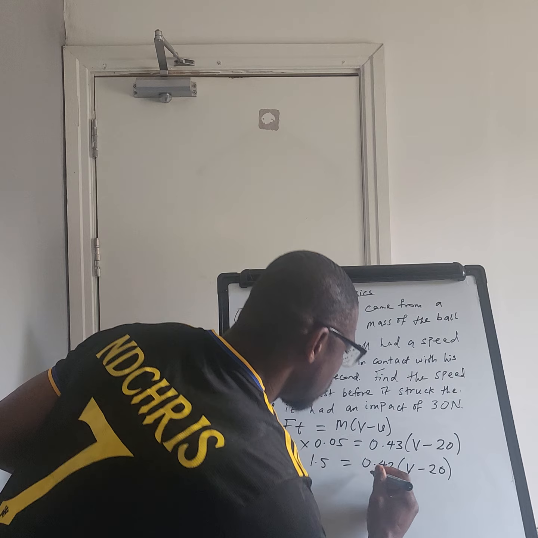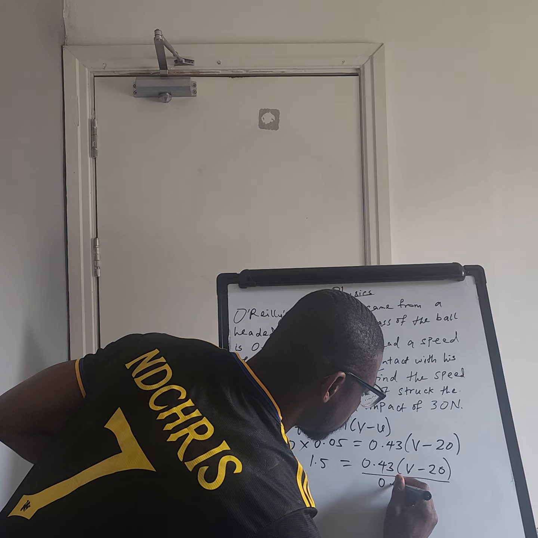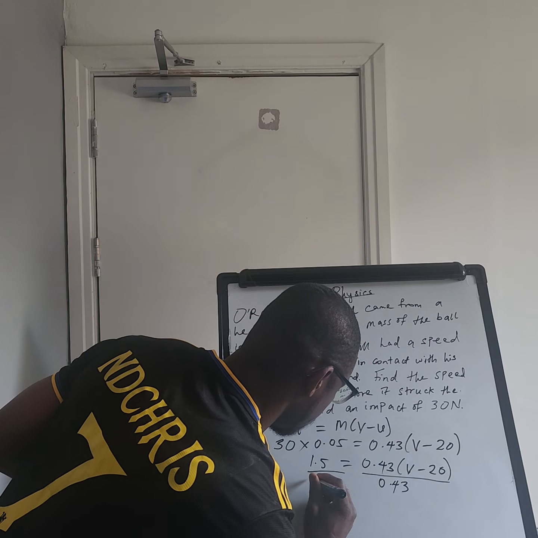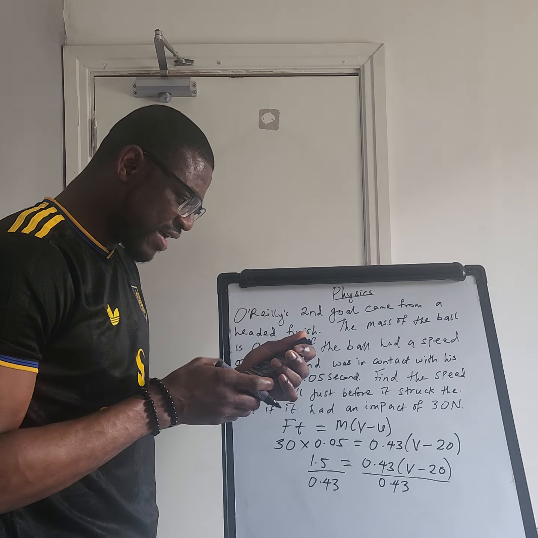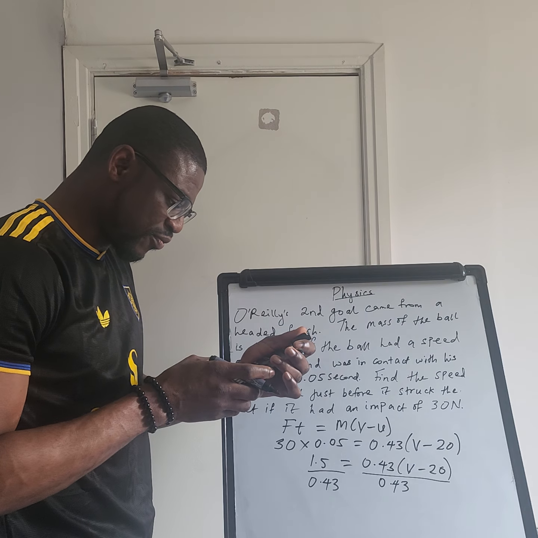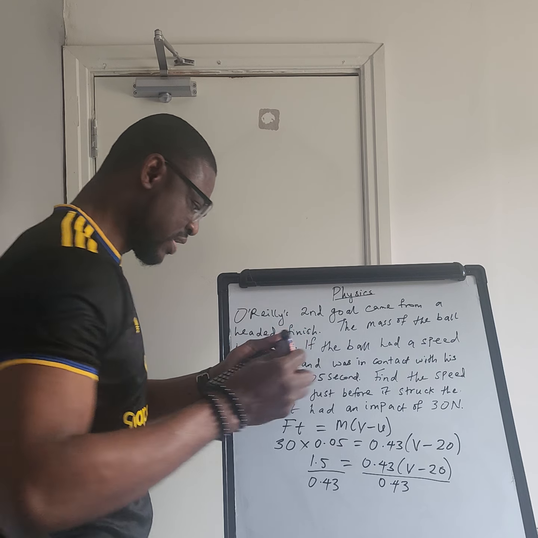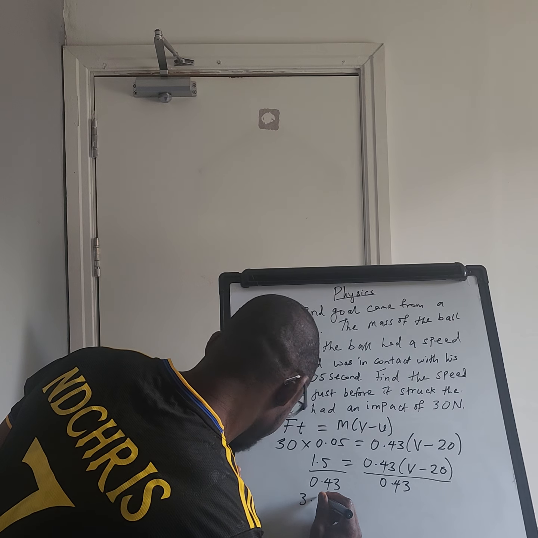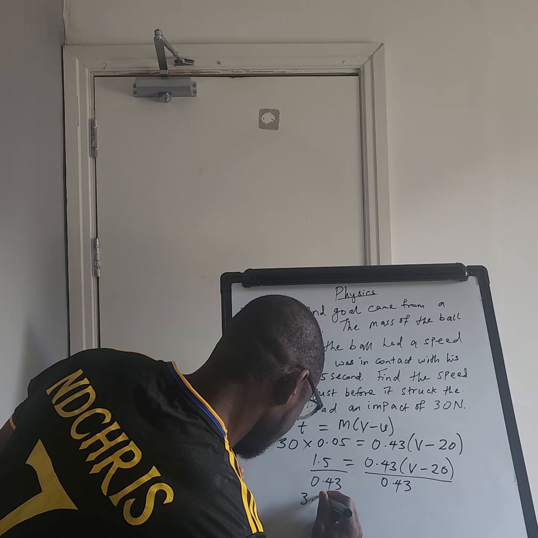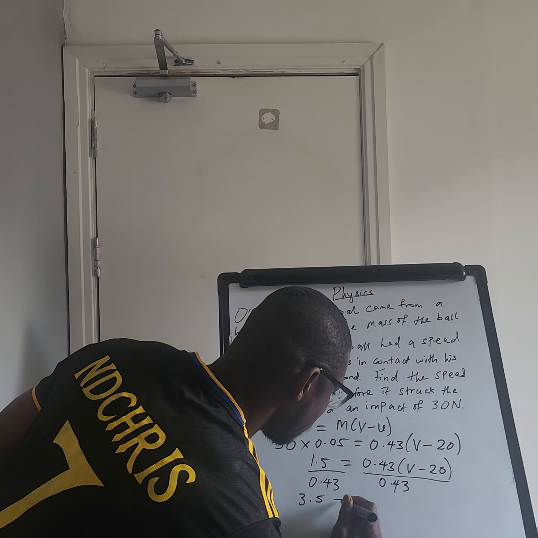So that leaves us with 1.5 divided by 0.43, and this is approximately 3.5, equals this.